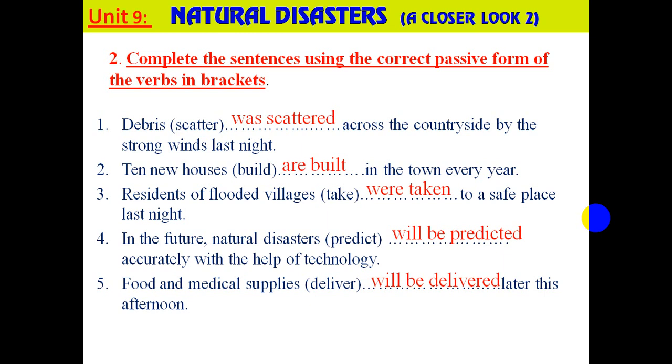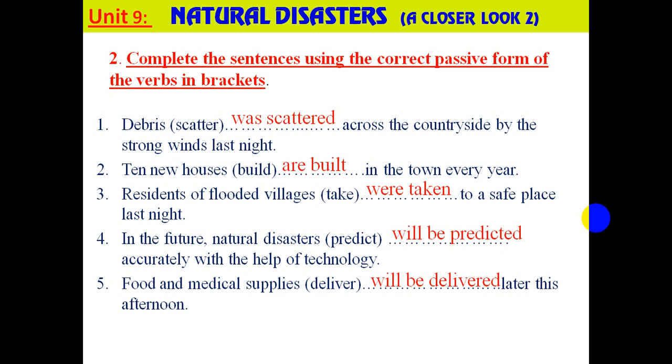We have five sentences. The first one is the passive voice for the past simple tense. Number two, the passive voice for the present simple. Number three, the passive voice for the past simple tense. Number four, the passive voice for the future simple.